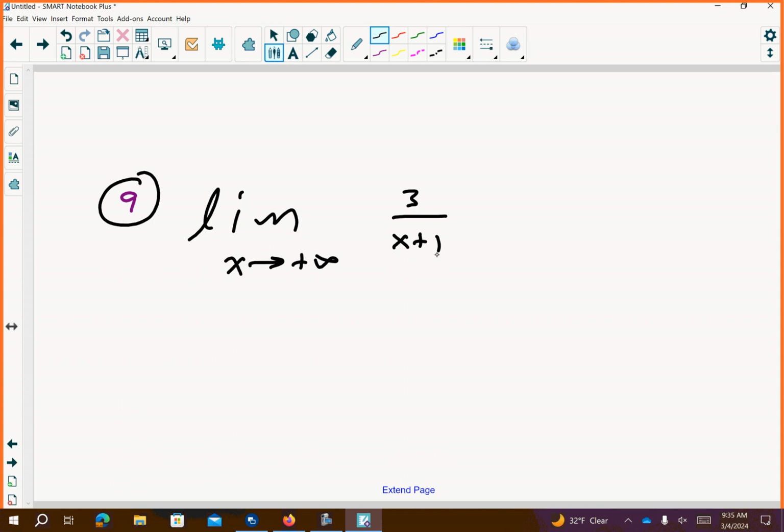Does it become a bigger fraction or a really small fraction if I plug really big positive numbers in? If I plug 1 in, I'd get 3 over 2. If I plug 2 in, I get 3 over 3. If I plug 4 in, I get 3 over 5. If I plug 20 in, I get 3 over 21. If I plug 100 in, I get 3 over 101. If I plug 10,000 in, I get 3 over 10,001.